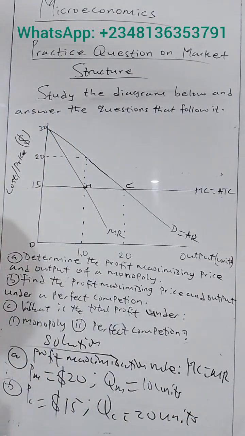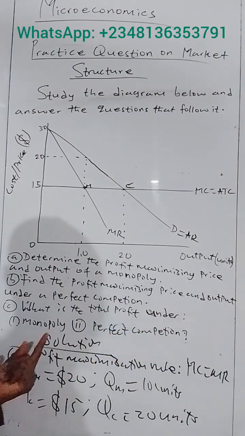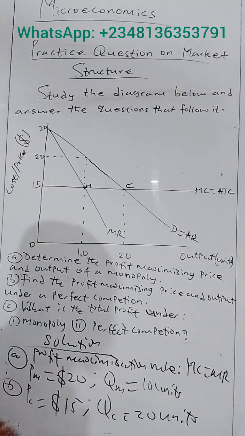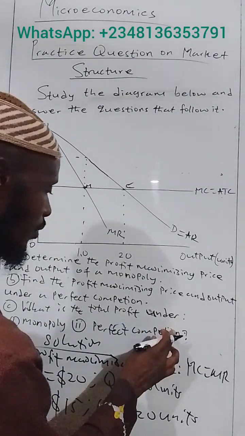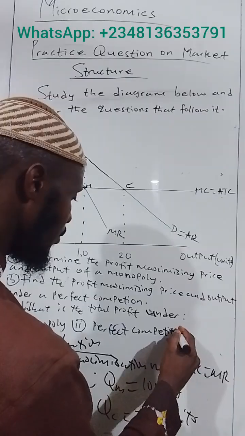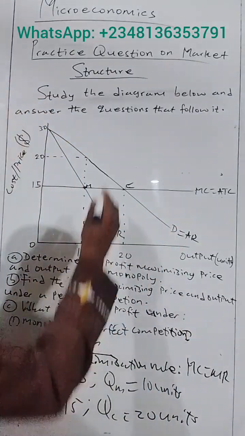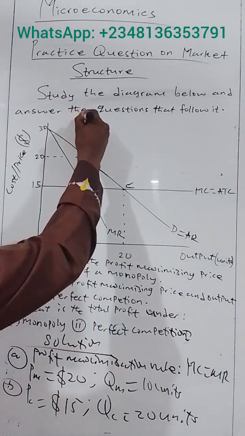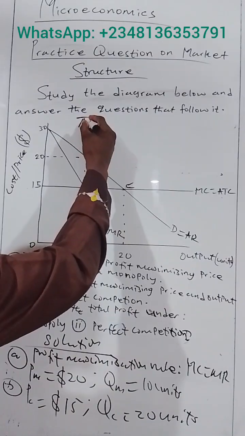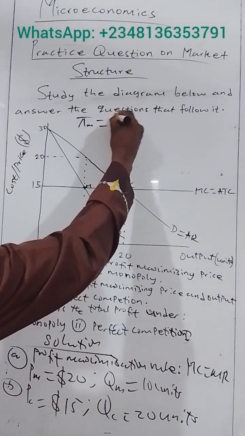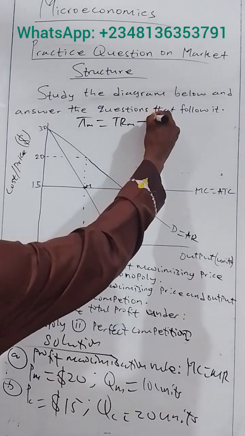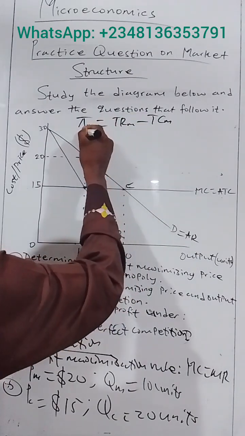Now, the next question, that is C, says, what is the total profit under monopoly and also perfect competition? Okay, all right. So I'm going to do that here. So the profit of monopoly first will be equal to the total revenue of monopoly minus the total cost of monopoly.